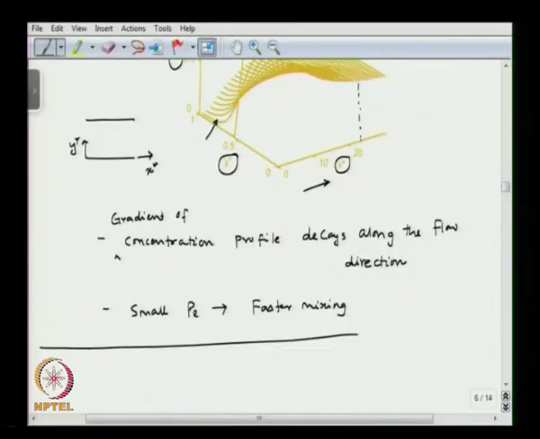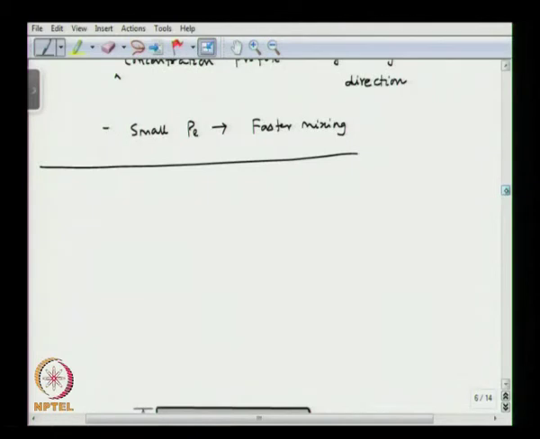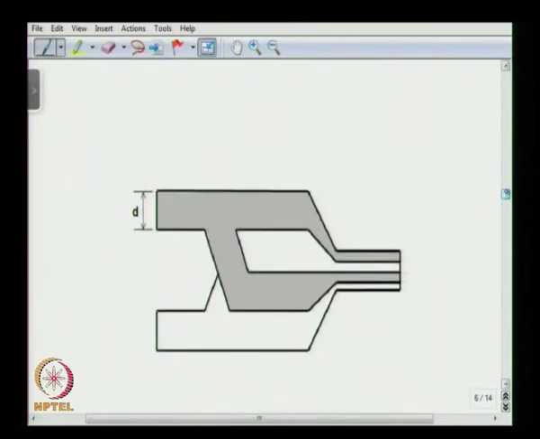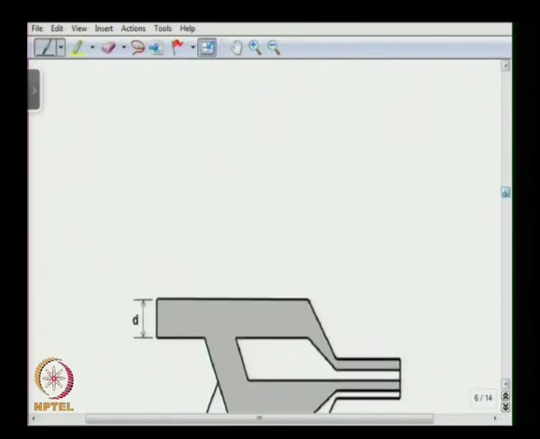So, that would lead to faster mixing. So, what we see here is mixing with multiple streams.